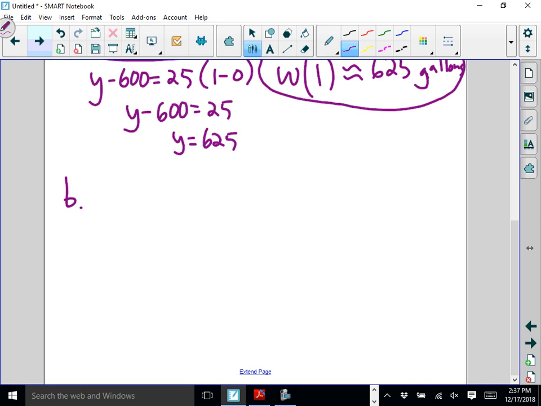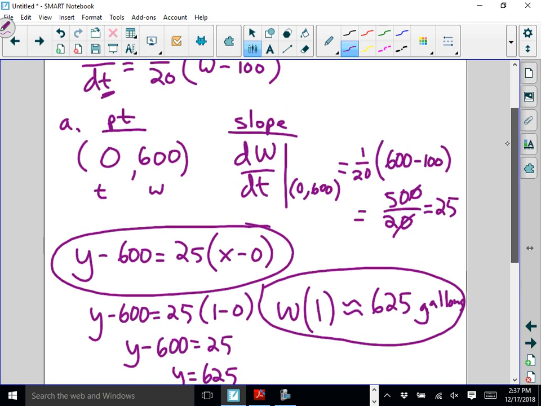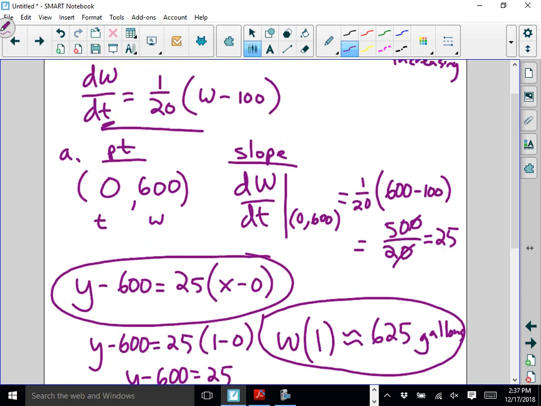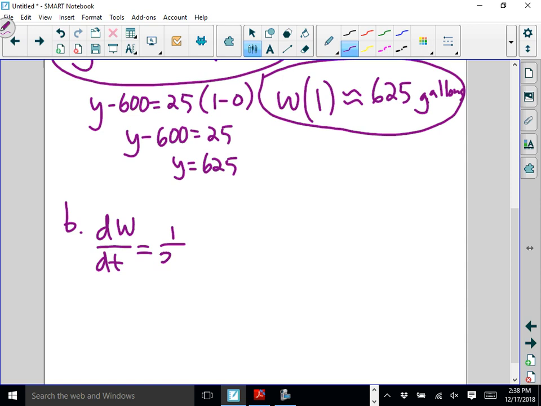Once I can get to that, then it's going to be easy. So before I do my second derivative, I want to rewrite my dw/dt so it's easier to take a derivative. I have this equation right here as my first derivative. I'm going to distribute that to make this easier to deal with. When I distribute, I get 1/20th w minus 5, because 100 over 20 is 5.